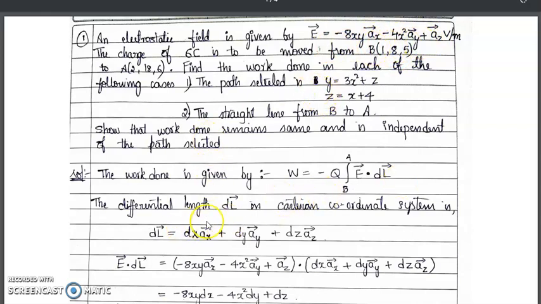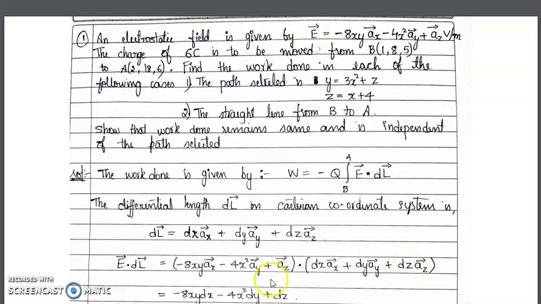The differential length in the Cartesian coordinate system is given by dl vector, which is equal to dx into ax cap plus dy into ay cap plus dz into az cap. Now if you take the dot product E dot dl, we know E is equal to minus 8xy ax cap minus 4x square ay cap plus az cap, dot dl, which is dx into ax cap plus dy into ay cap plus dz into az cap.